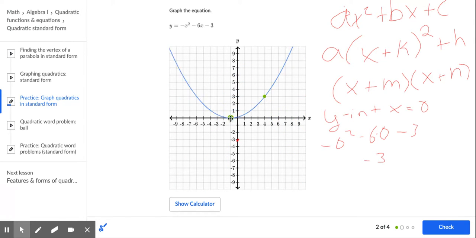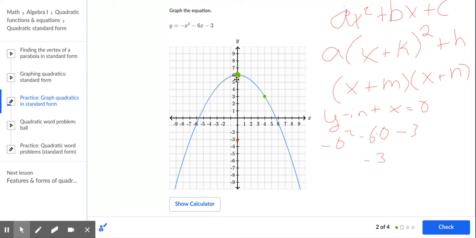So we have our parabola. We can tell by looking at the equation if it's going to be facing up or if it's going to be facing down. And we tell that by whether or not we have a negative in front here. So if there's a negative in front, it's going to face down like this. So we know that this parabola is actually going to be facing down because of the negative in front here. So we're going to have a maximum, and then it's going to be facing down.